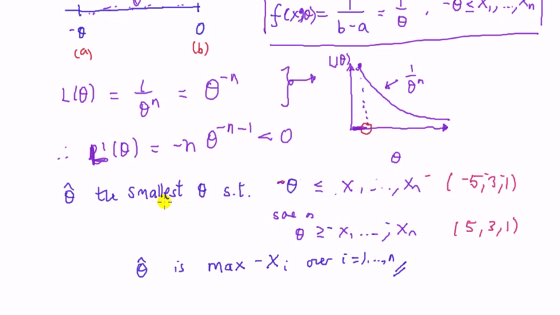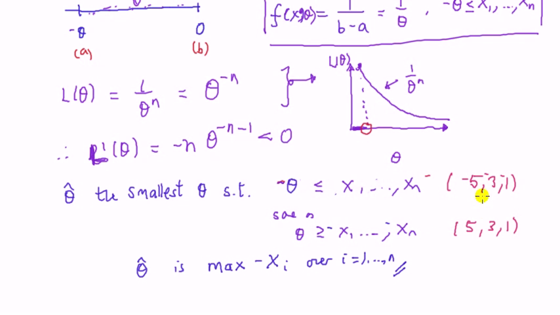To say that we want the smallest theta such that theta must be bigger than each of these values, it must be the maximum. It can't be the minimum, because then there would be some values bigger than it, and the constraint would not be satisfied.